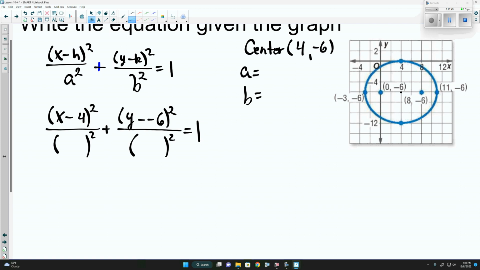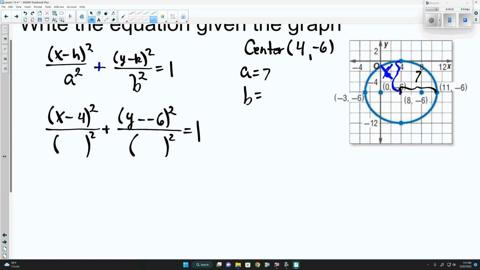So a, the distance from our center to the point over here, is 7. So a is 7. But we don't have b. It looks like it's this here, which is 6 possibly, but we're not sure. I wanted to assume that at first, but it doesn't work out that way.